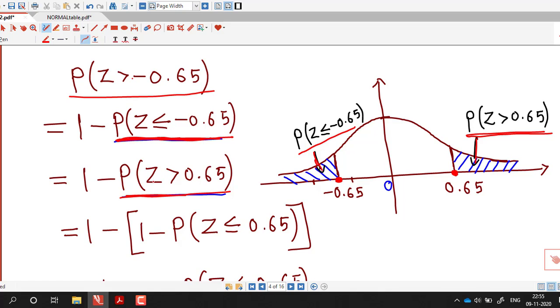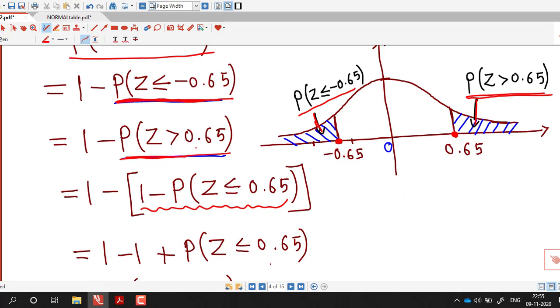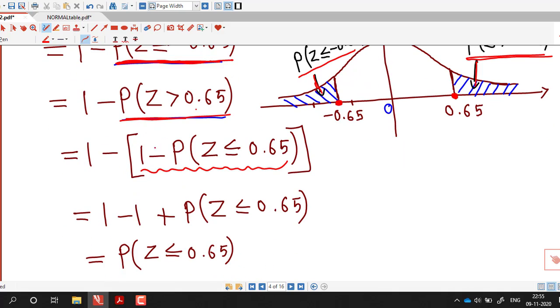Now again, probability that z is greater than 0.65 is nothing but 1 minus probability that z is less than or equal to 0.65. And if we take this negative sign inside, we have 1 minus 1 plus probability that z is less than or equal to 0.65.